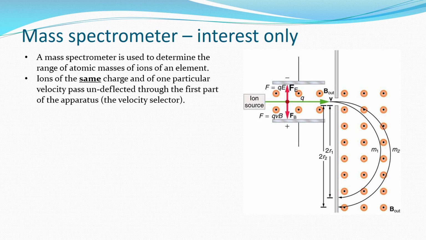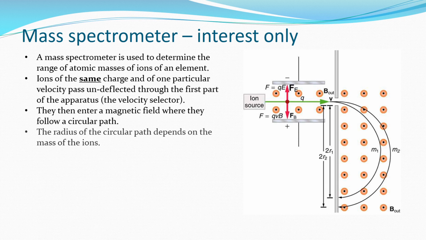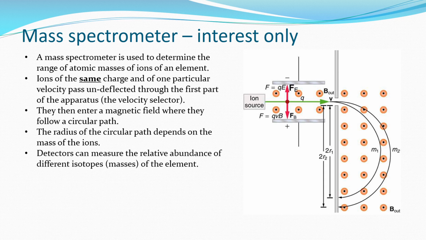Ions of the same charge and of one particular velocity will pass undeflected through the first part of the apparatus. That's the velocity selector part. Then, when they enter the magnetic field, they're going to follow a circular path due to the nature of the charge. The radius of the circular path depends on the mass of the ions.